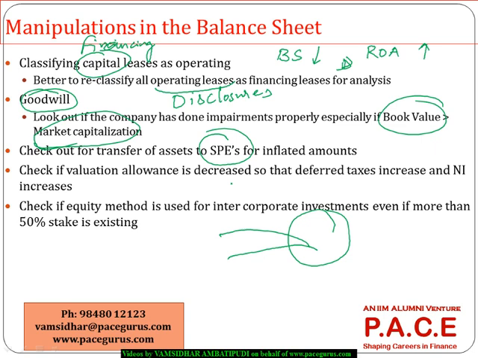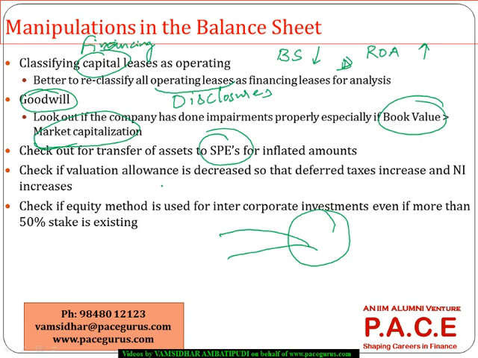The moment it shows a gain in that year, they are probably showing very high net income, which again results in better performance of the company. So as an analyst, you check whether any SPE-based transactions have occurred and any assets were transferred to the special purpose entity at an inflated amount.